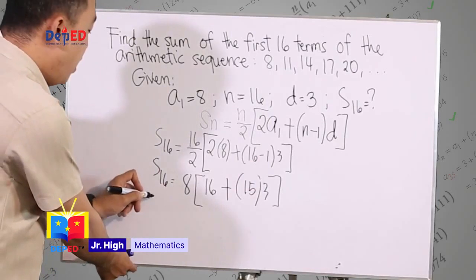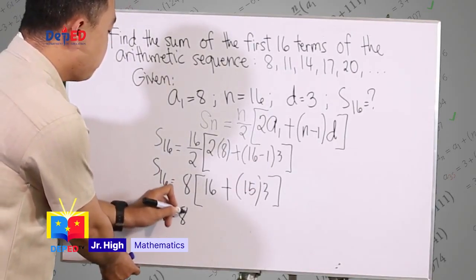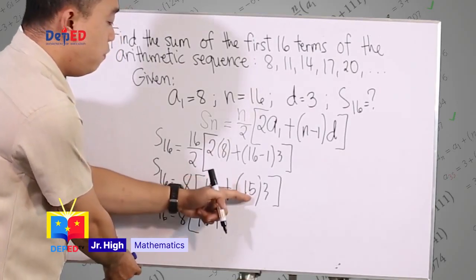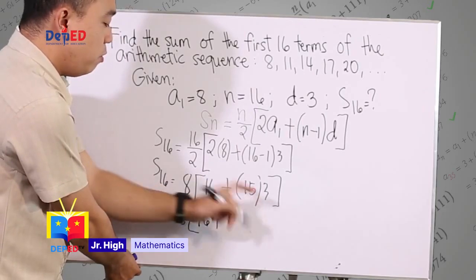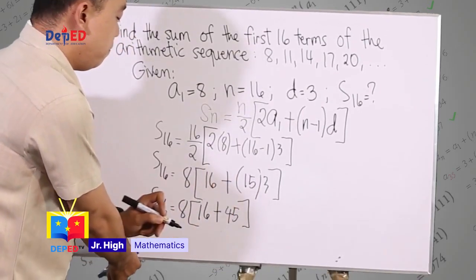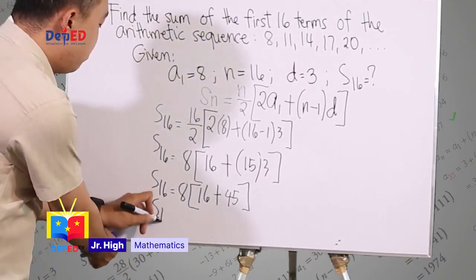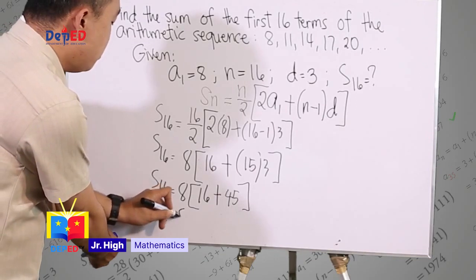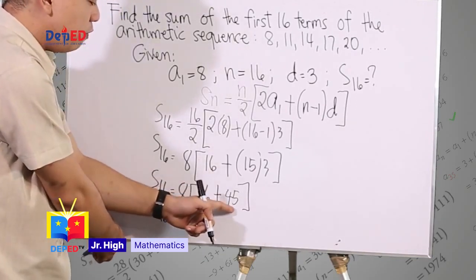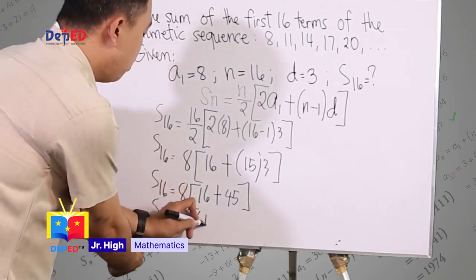Next, we will have s sub 16 is equal to 8 times the quantity 16 plus 15 times 3 will give us 45. Next, we'll have s sub 16 is equal to 8 times the quantity of 16 plus 45 will give us 61.